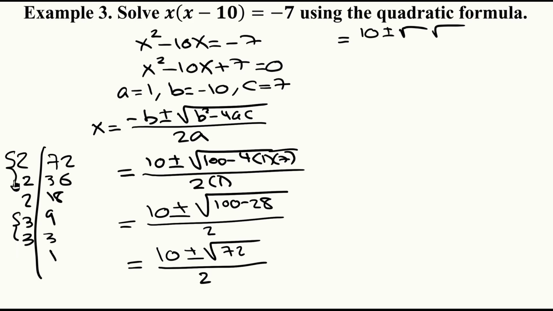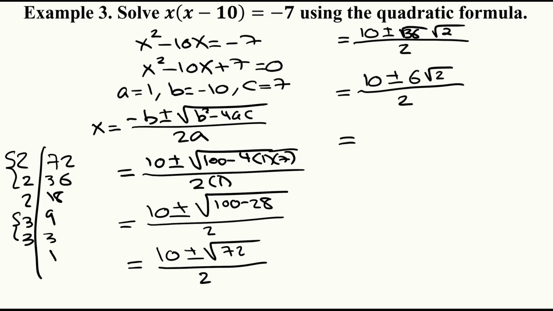That's 4, that's 9, so 36 is the largest perfect square factor of 72, and that leaves us a 2 here for the non-perfect square radical, and then all of that will be over 2. So we get 10 plus or minus 6 radical 2 over 2.